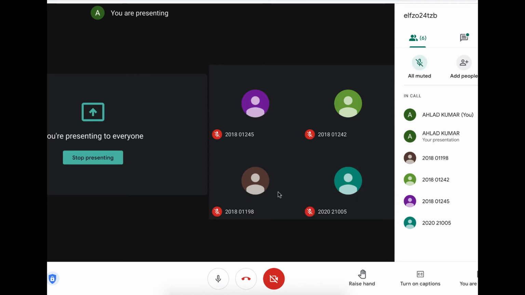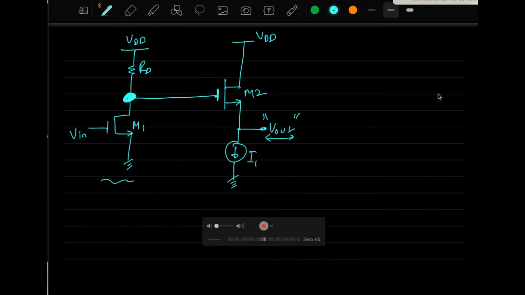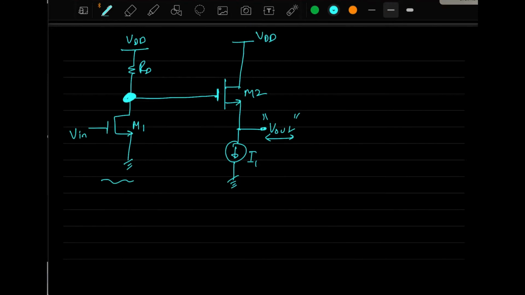Okay, so the thing is, it will not work actually. I will explain why it will not work. In this particular configuration, if you want MOSFET M1 to work as an amplifier, the minimum voltage that you require here is, if you remember, VGS minus VDS has to be less than VTH if you want it to be in saturation, right?